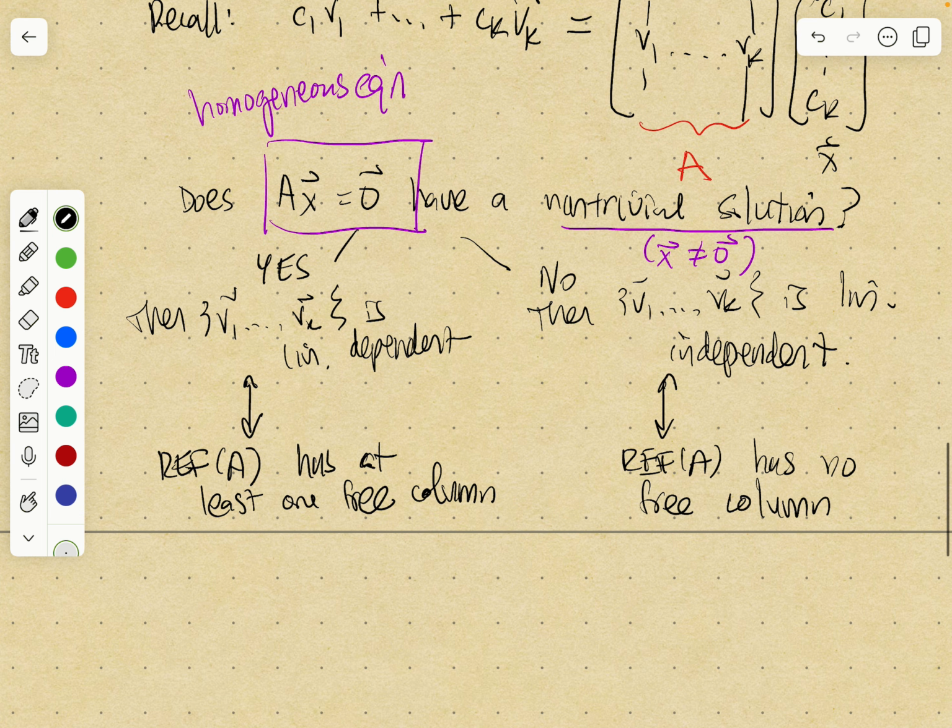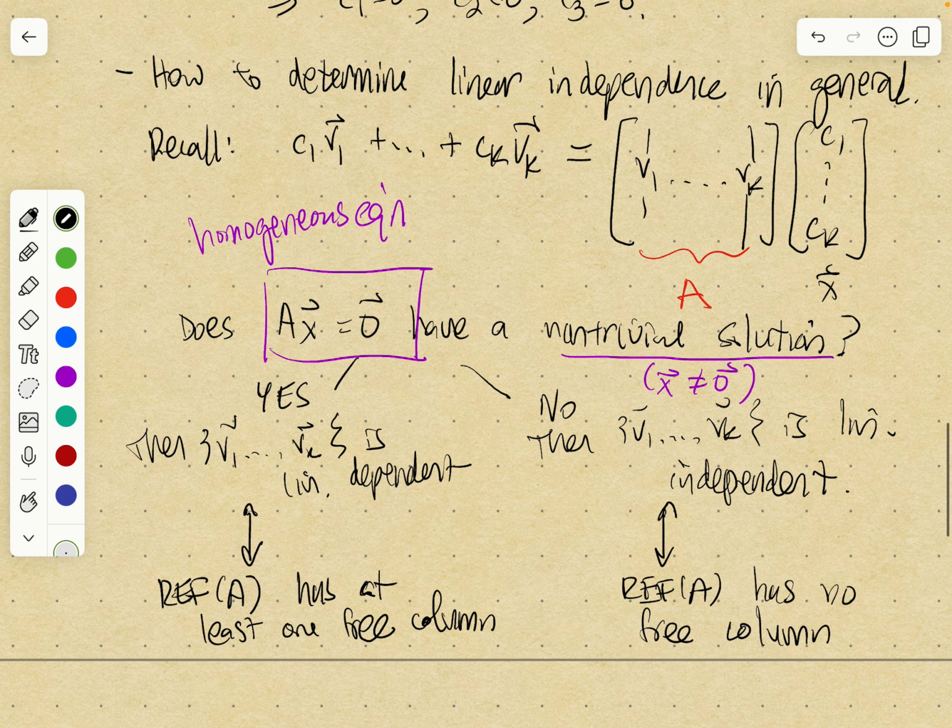So now we can determine the criterion, right? It's when you take your matrix A, where you take your vectors v1 through vk and make them the columns, you row reduce, and then if there's at least one free column, then you know that v1 through vk are linearly dependent.